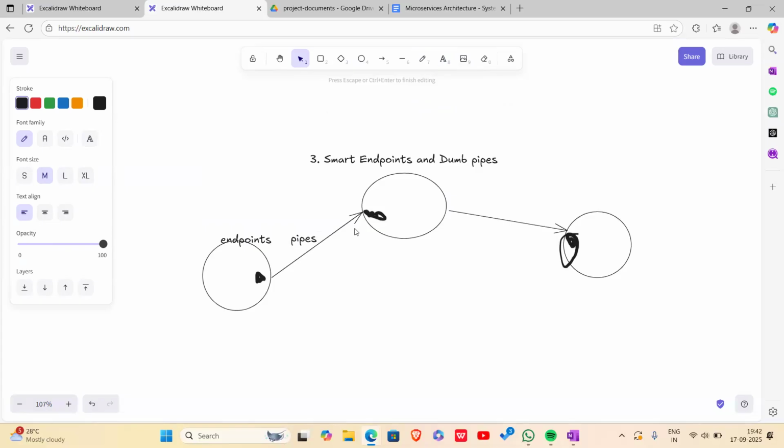So making the endpoints smart and complex. In SOA, they made the pipes smart, like placing the logic in the pipe. So it keeps on increasing features and giving more and more complexity. That's what changed from SOA to microservices. So this is smart endpoints and dumb pipes.